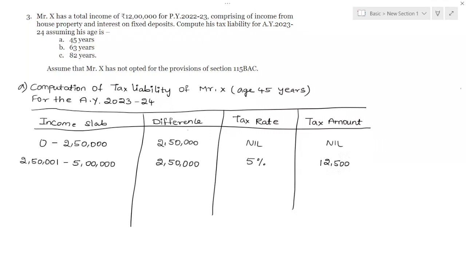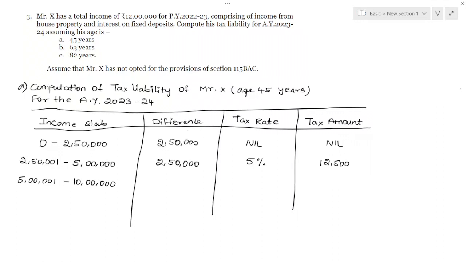Now let's go forward. 5 lakhs 1 rupee to 10 lakhs. So what did we understand till now? 5 lakhs 1 rupee to 10 lakhs.